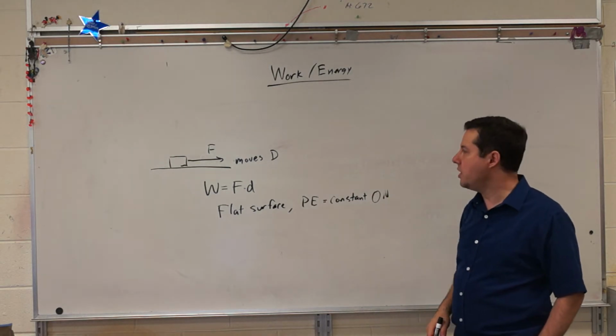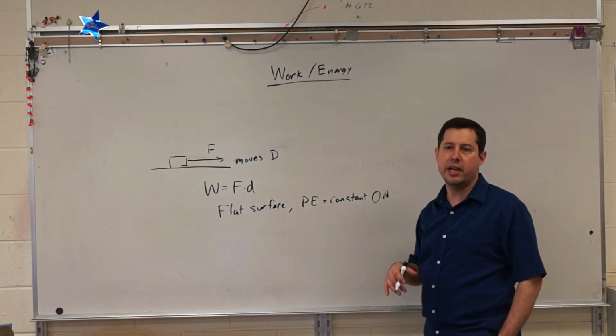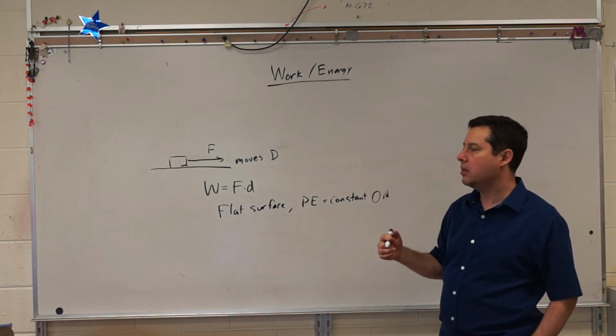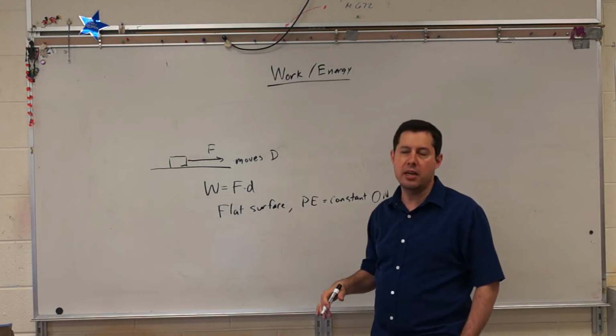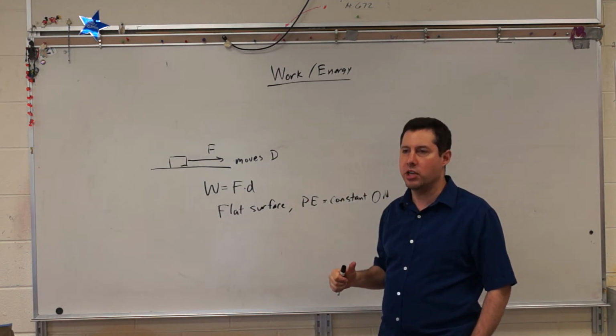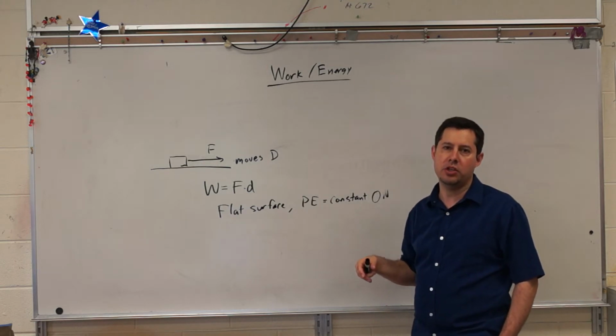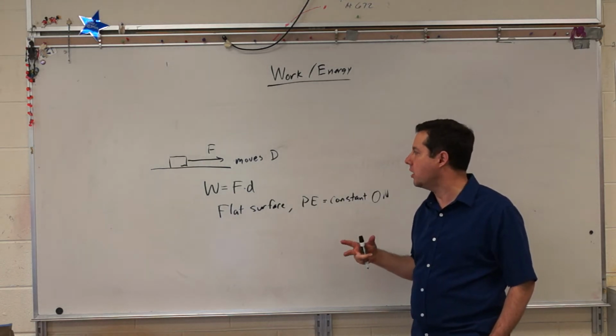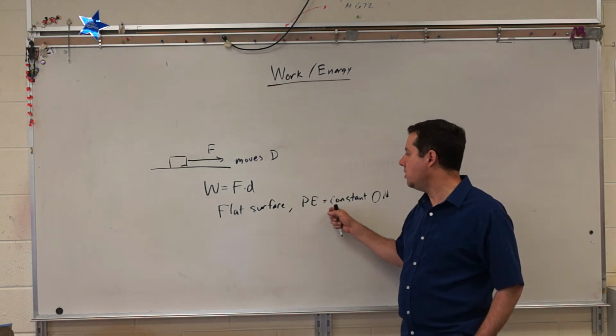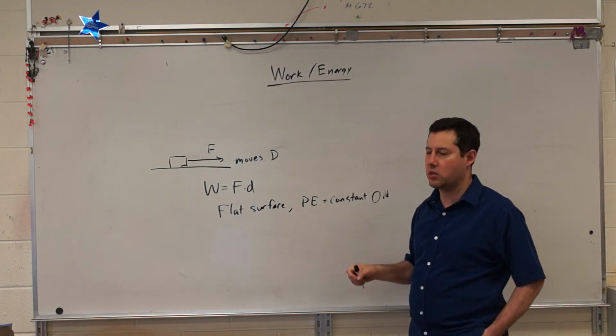So any energy that you add is either going to increase speed, and if it's increasing speed, then you're adding kinetic energy, or you could be having friction involved, in which case you are adding internal energy. But there should be no change in potential energy whatsoever.